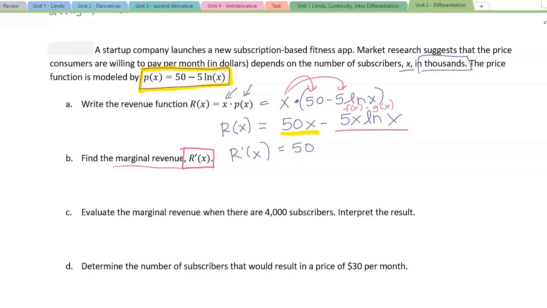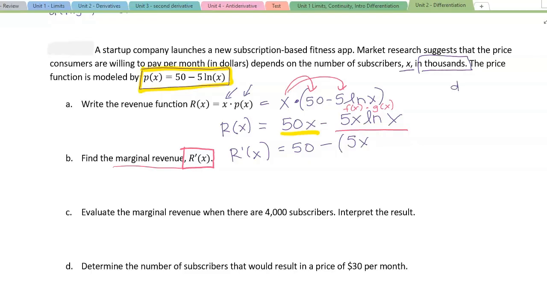Because this is taking on the form f of x times g of x, we need to use the product rule. To start, I'm going to keep that subtraction sign there because that is going to turn into a negative that we need to distribute. And to find the derivative using the product rule, I'm going to do the first, 5X, times the derivative of the second.